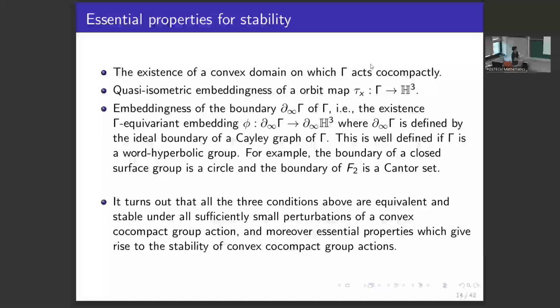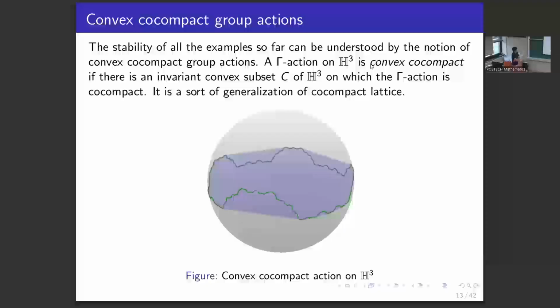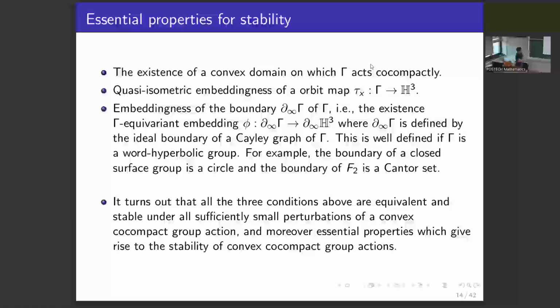As you see, the green thing is the boundary of the word hyperbolic group. Its boundary is embedded into the boundary of H3. So the embedding of the boundary also gives stability. By using one of these three conditions, you can see the stability of convex co-compact groups.